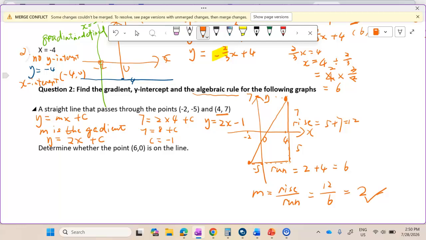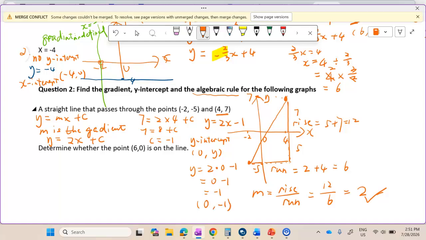Now we can find the y-intercept. This is when x is 0. So y will be 2 times 0 minus 1 equals 0 minus 1 equals -1. So the y-intercept is 0, -1.